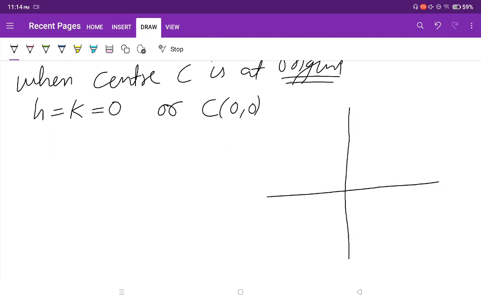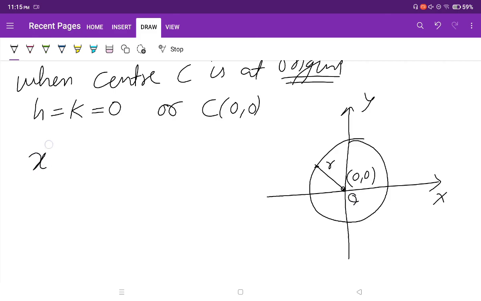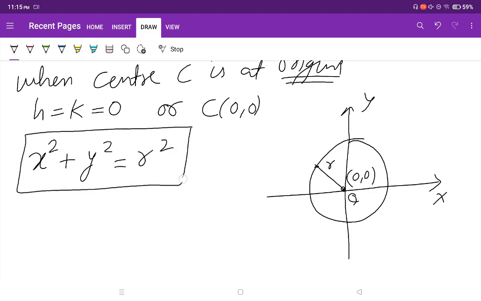This circle will look like this, with center at origin and radius r, right? So what is the equation now? x square plus y square equals r square, because h and k are 0 now. So this is the equation of a circle with center at origin and radius r units, right?